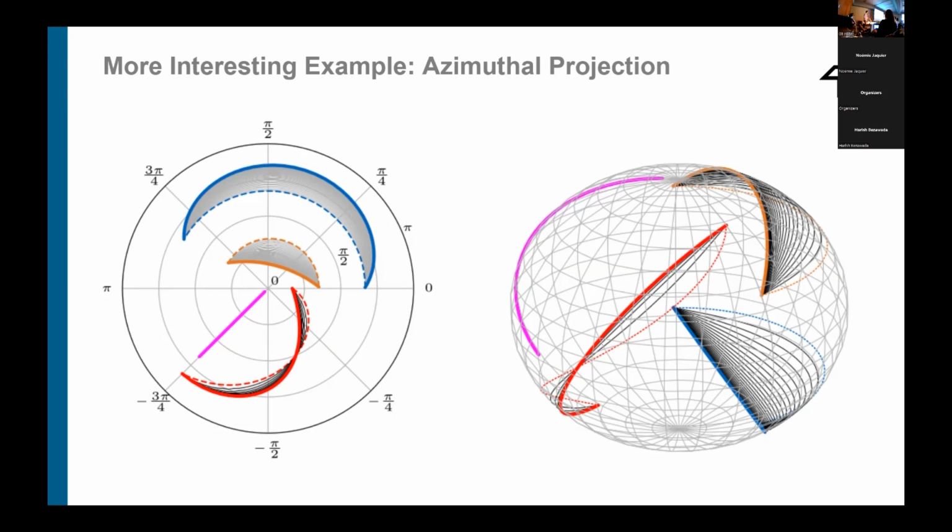These are parts of the circle, and the solid bold lines are the ones it converged to. You see that for this one here, it moves towards the North Pole, and here it moves towards the South Pole, right? And when you look here in the sphere representation, it becomes pretty clear that they become shorter on the ball.